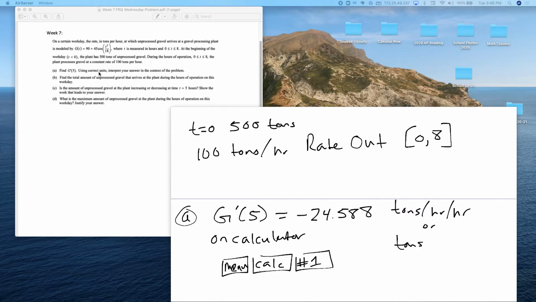And then what you kind of think about is, okay, so we got a negative. We got G prime is negative.